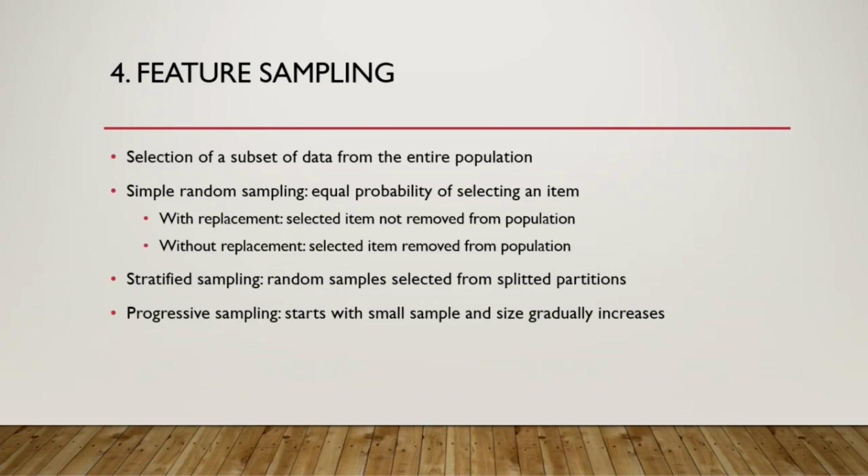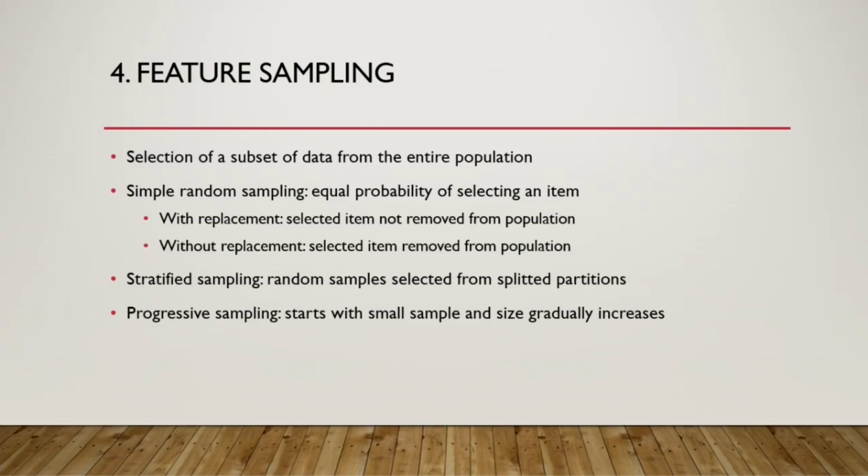So what is simple random sampling? Here there is equal probability of selecting an item. I can just select one item from the entire population, and it can be of 2 types: one is called with replacement and another is without replacement. With replacement means the selected item is not removed from the population. What does that mean?